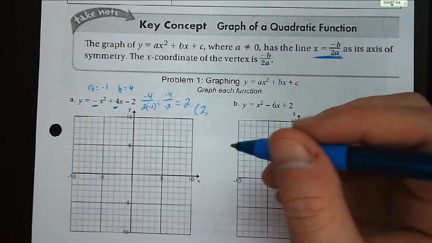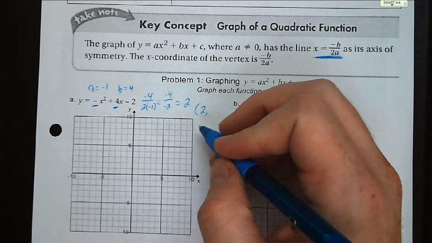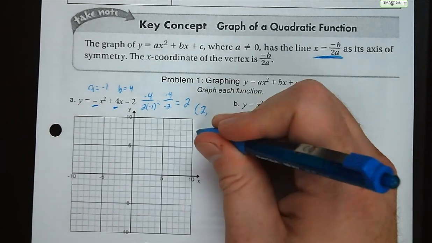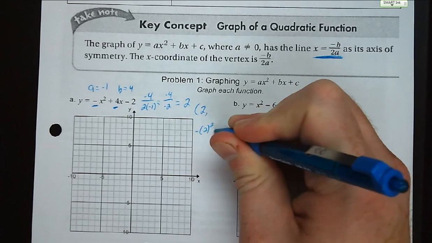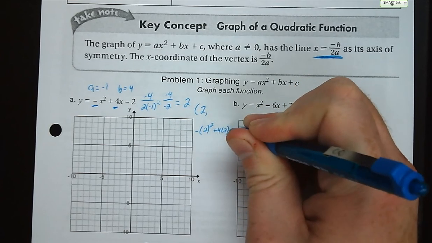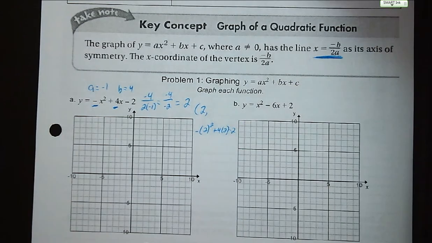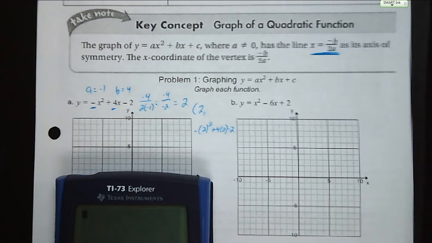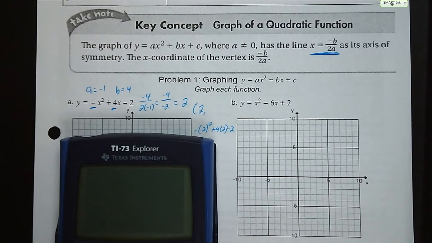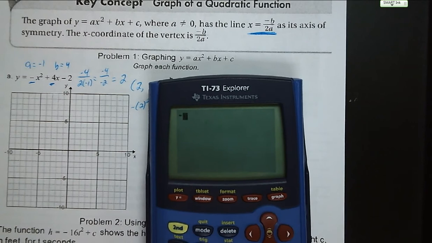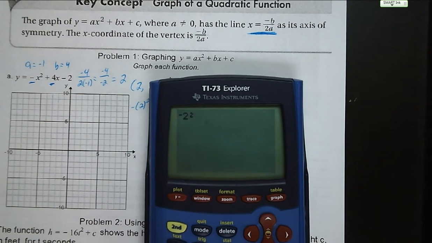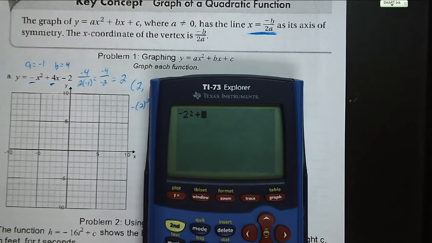All right, well, to find the y-coordinate, we need to substitute into our original equation. So negative 2 squared plus 4 times 2 minus 2. So we type that into our calculators, and we get 2.